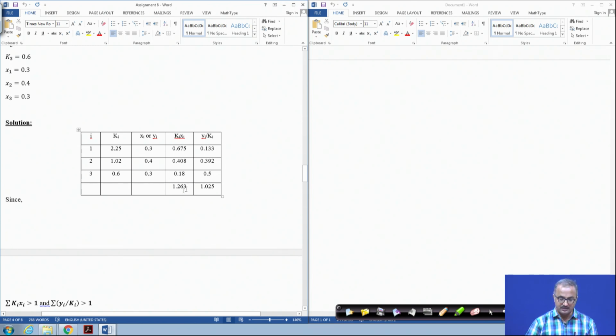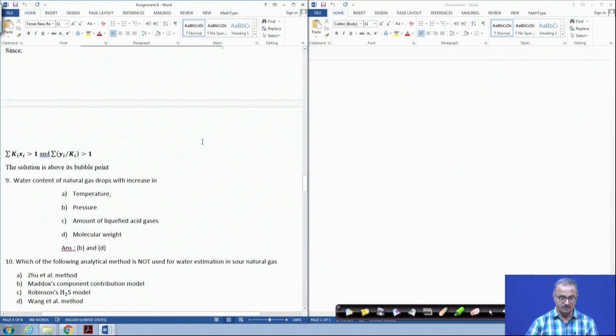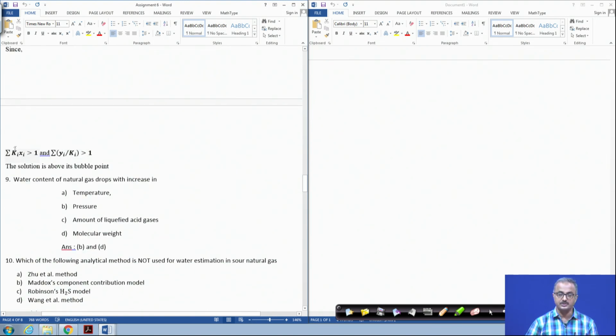Then by looking at these values, the summation of Ki Xi and the summation of Yi by Ki, you find that this is satisfying this particular condition.